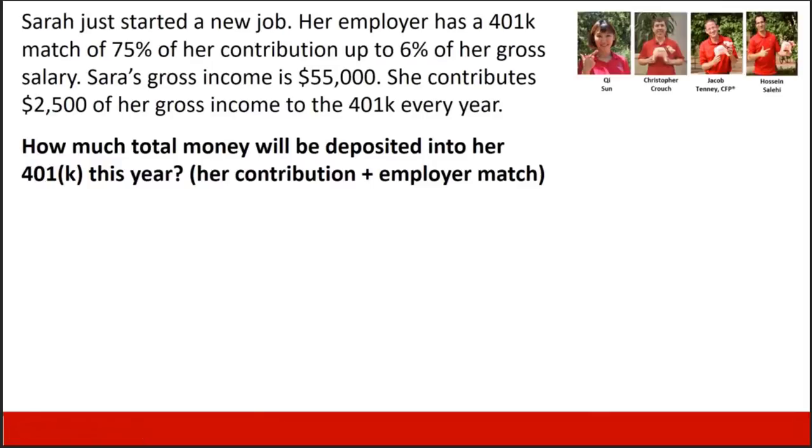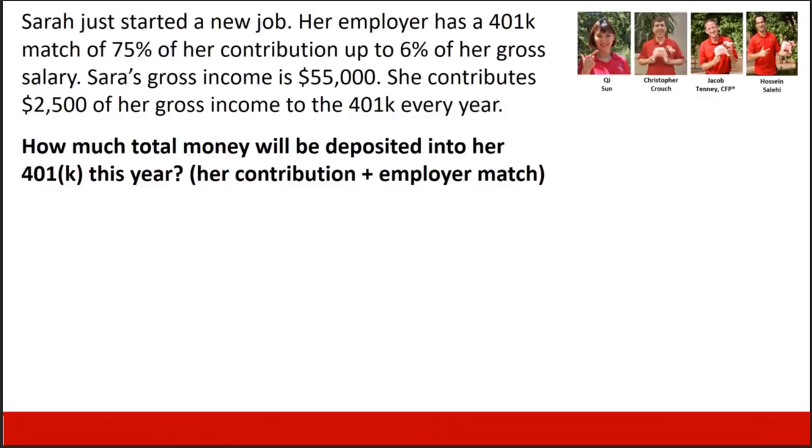All right, so next question. Sarah just started a new job. Her employer has a 401k match of 75% of her contribution, and contribution up to 6% of her gross salary. Sarah's salary is $55,000. She contributes $2,500 of her gross income to the 401k every year.